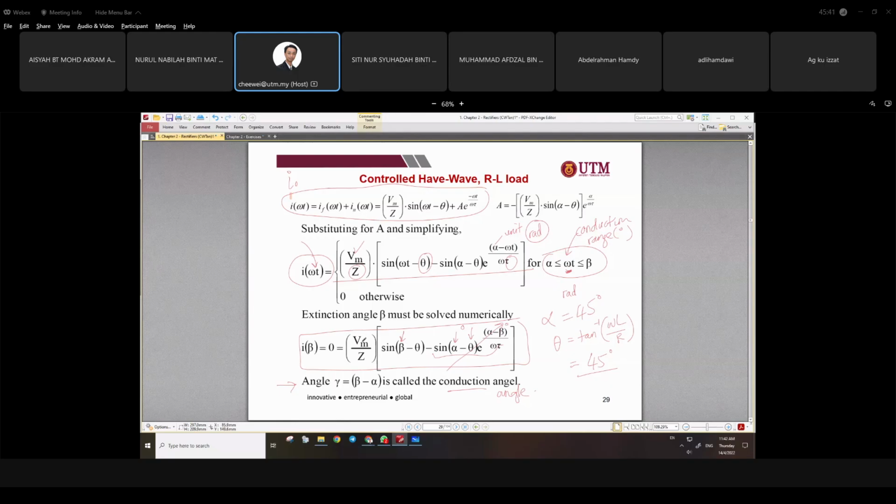Okay, now you need to find this. This equals 0, and then we rearrange, take the sine inverse, and you get the answer beta. Can you do it and tell me what is beta? This is page 29, yeah? Look at page 29.